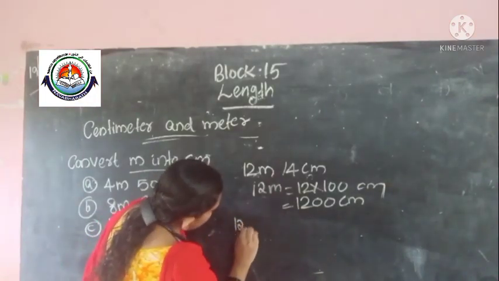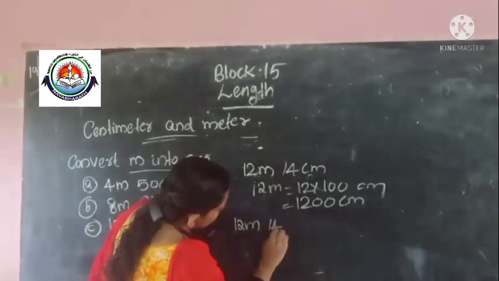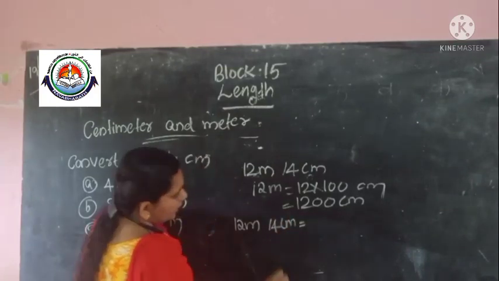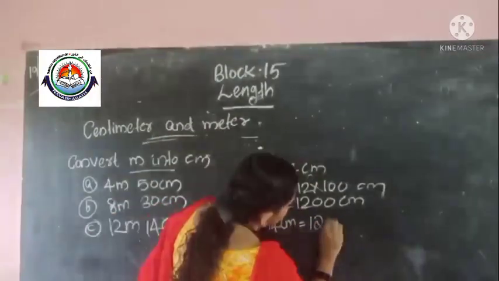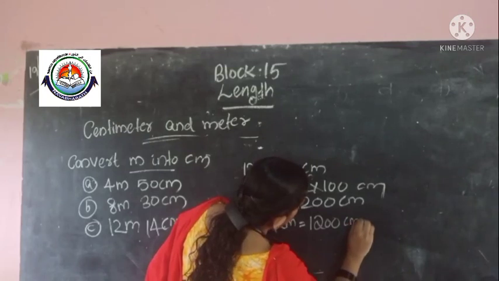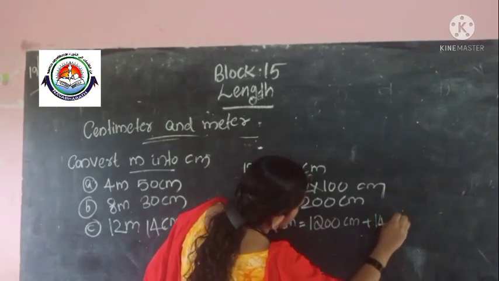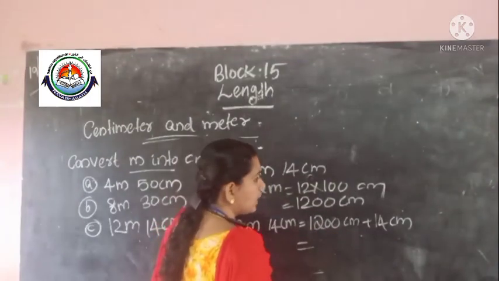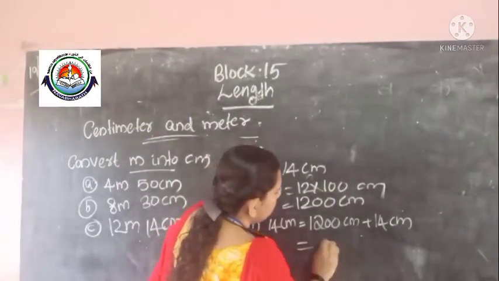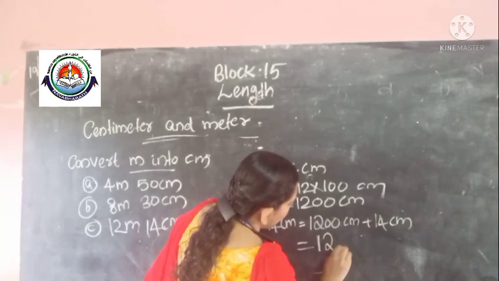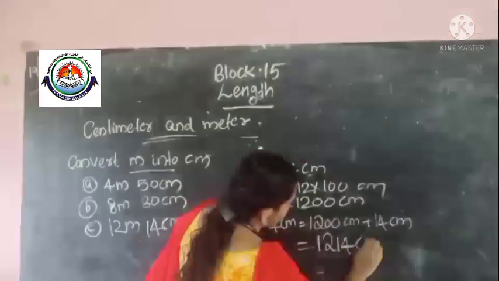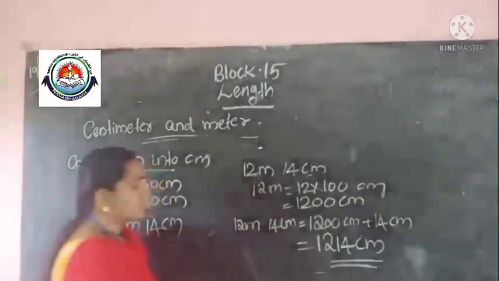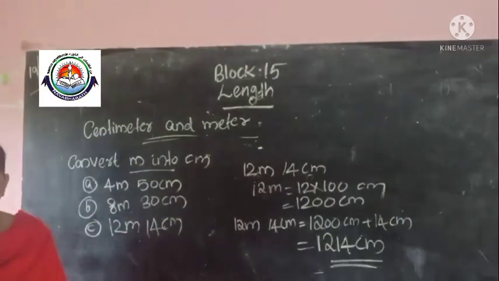Then 12 meter and 14 centimeter we can write 1200 centimeter plus 14 centimeter. So after adding 1200 plus 14, 1214 centimeter. Clear?